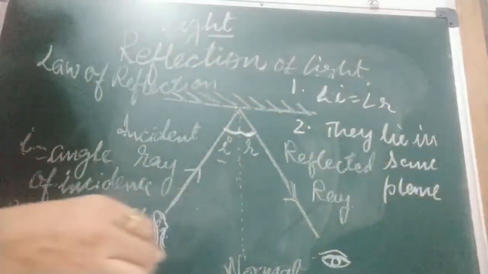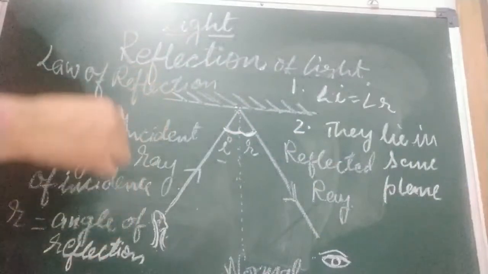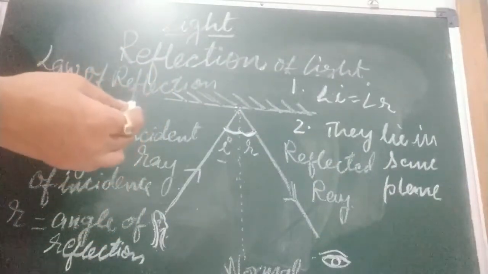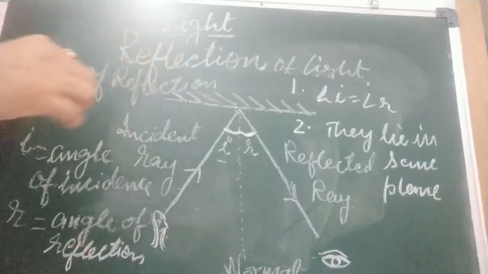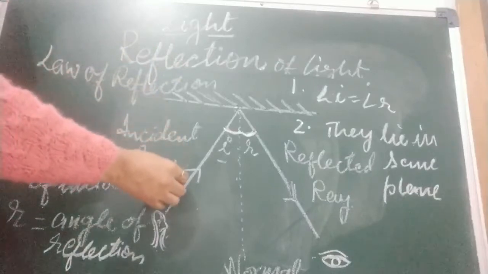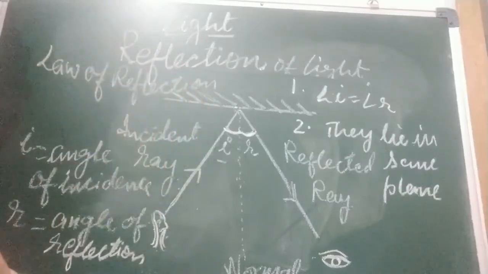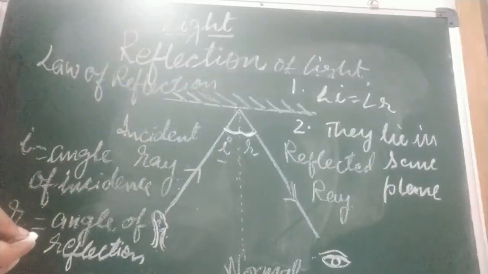So I told you two laws of reflection, and because of reflection we are able to see the chair and table in the room, whatever object is present. Reflection happens on any object, not only a mirror. In a mirror you can see the image, but other objects also reflect and you are able to see them.